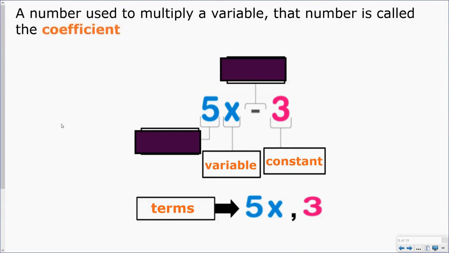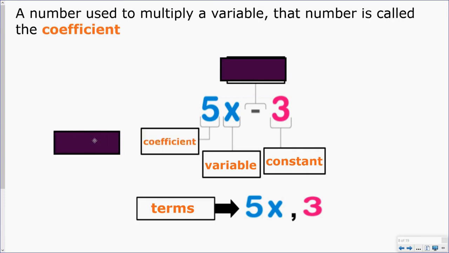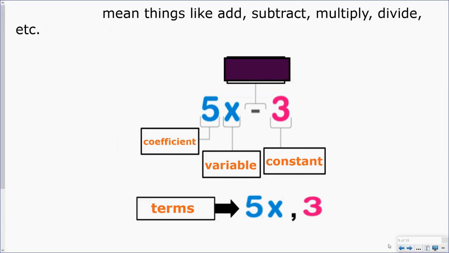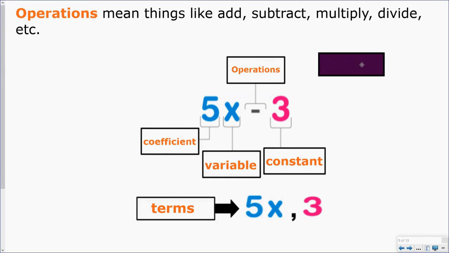And the coefficient tells us how many groups of the variable that we have. In this case, 5 is our coefficient. It is saying that we have 5 groups of whatever x happens to be. And operations mean things like add, subtract, multiply, divide, etc. In this case, we are subtracting, so our operation is a subtraction sign.